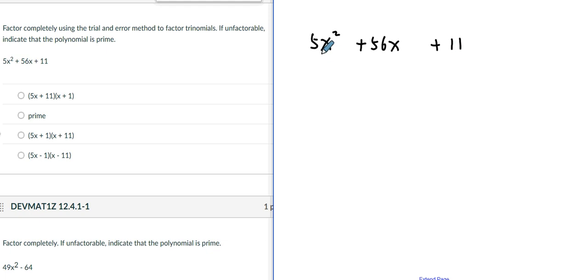Now you want to split 5x squared, and that's not hard, because 5x squared can only be written as 5x times x, because 5x times x is 5x squared.